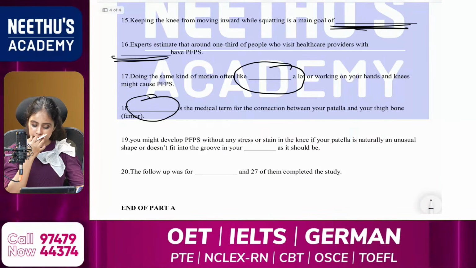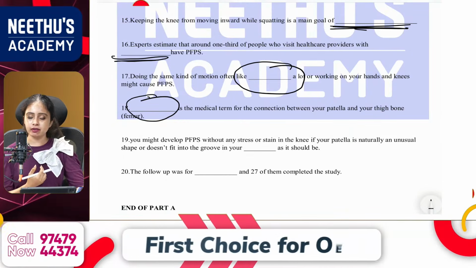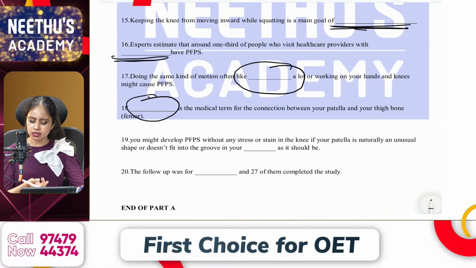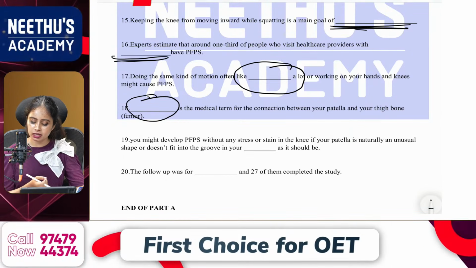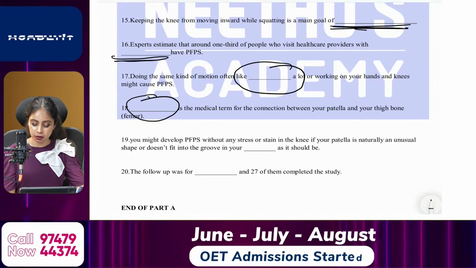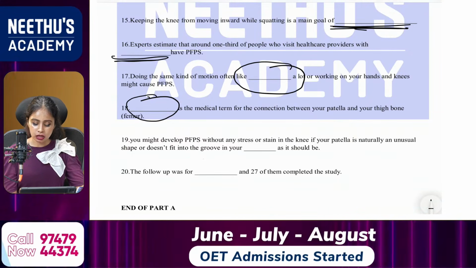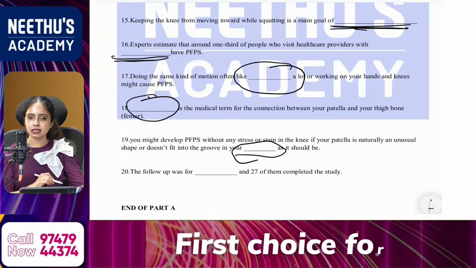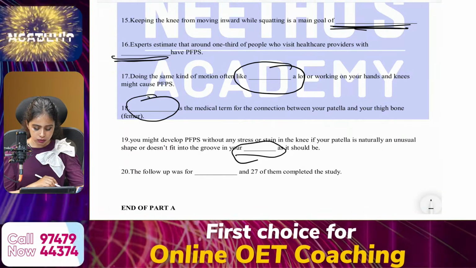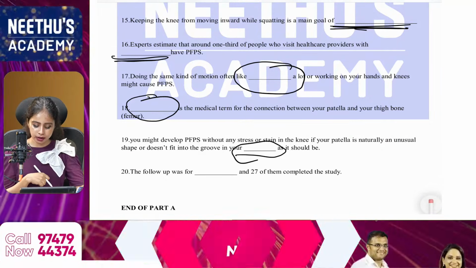Then 19, the second last one. You might develop PFPS without any stress or strain in the knee if your patella is naturally an unusual shape or doesn't fit into the groove in your dash as it should. So what is the correct answer there?